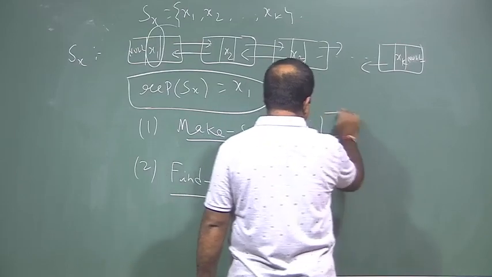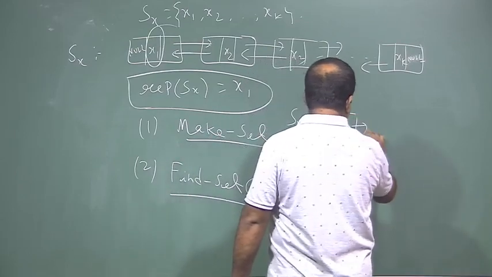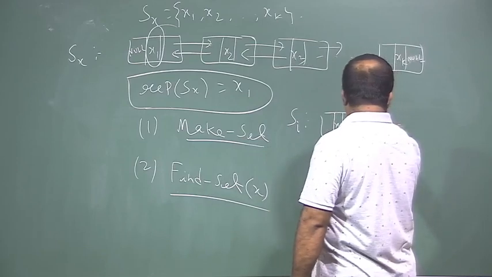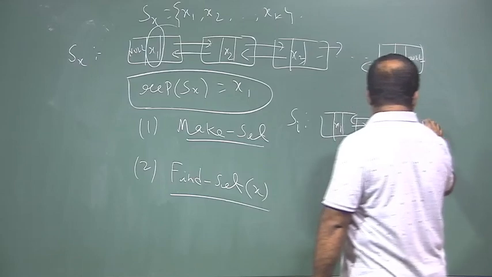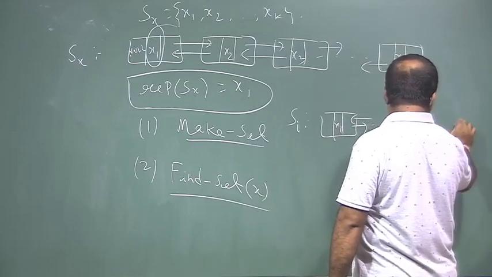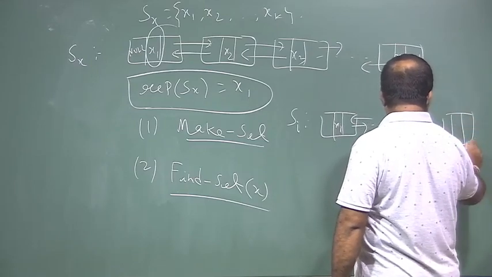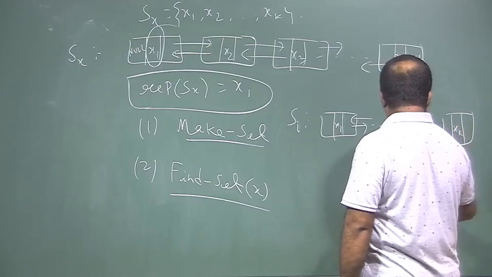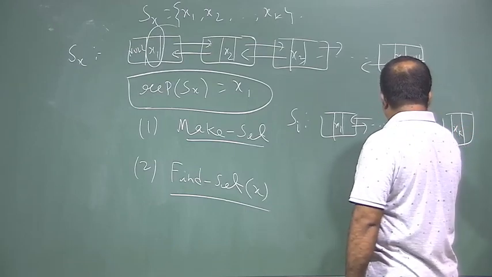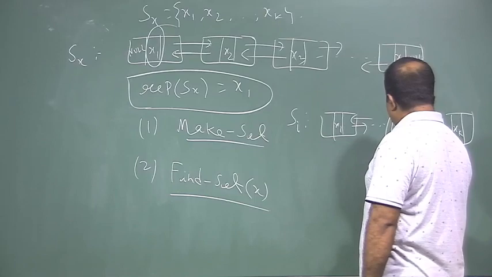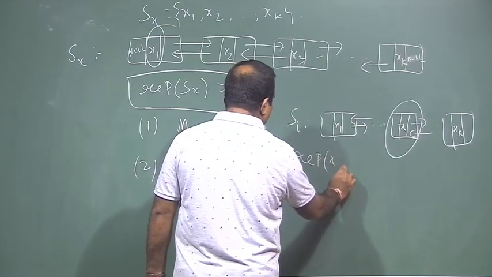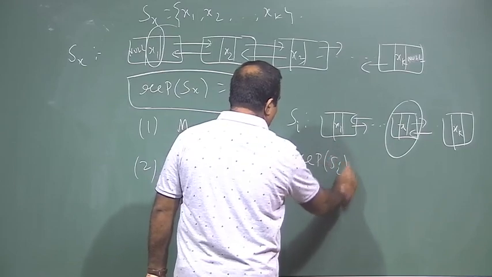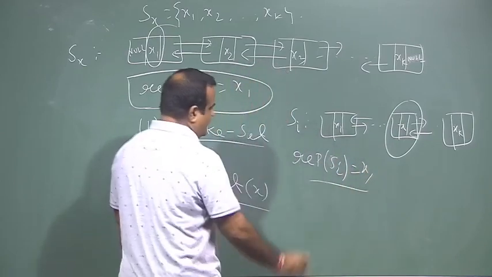This is the set, say x 1, this is doubly connected, and we have dot dot dot, we have x over here, then we have x k. We know this pointer. The representative of this S i is basically the first node, x 1.